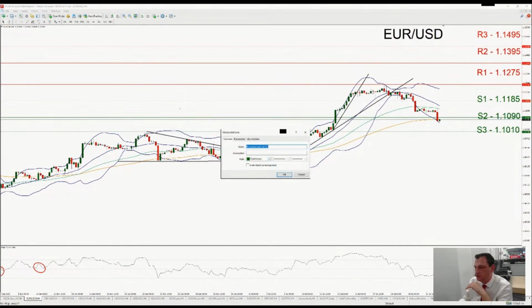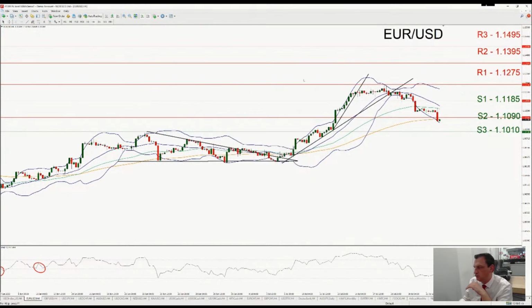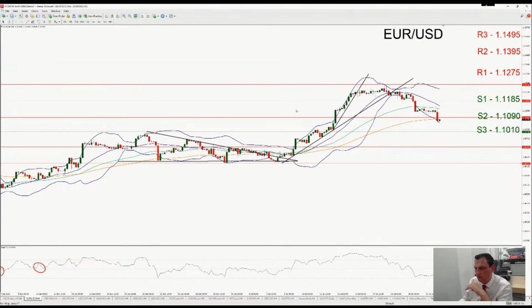It's interesting how it has broken also the 1.1090. I would be highlighting this resistance level as a possible support level, and even lower. I think this is quite interesting. Here you go.